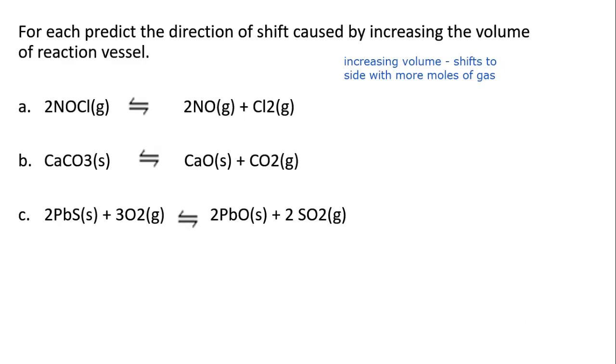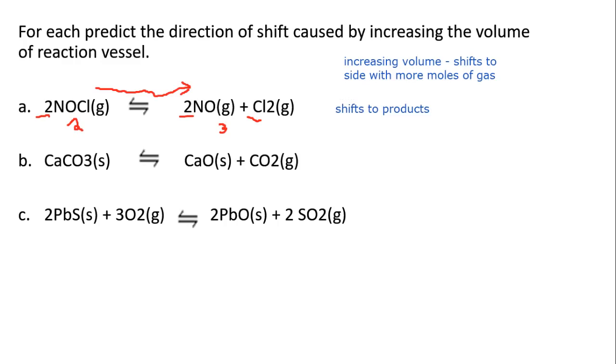So here we look in A, we have 2 moles of gas on the reactant side, 3 moles of gas on the product side. So this has 3, this has 2. So when we increase the volume, it's going to shift to products. So this shifts to products because you have more moles of gas on the product side.